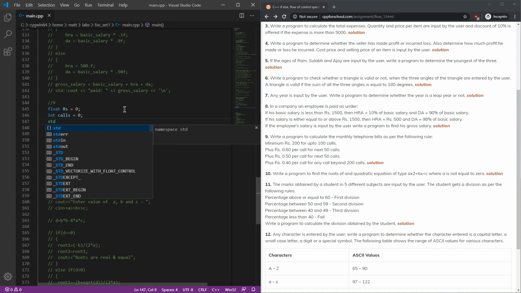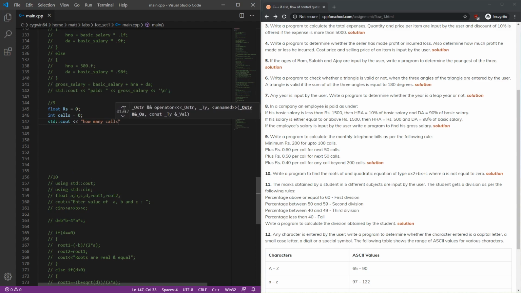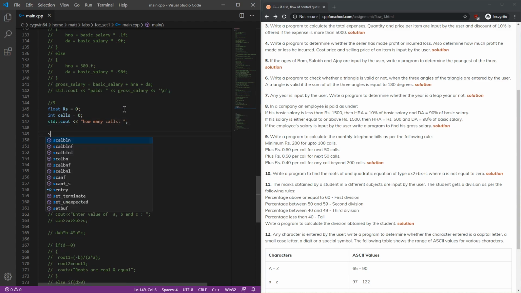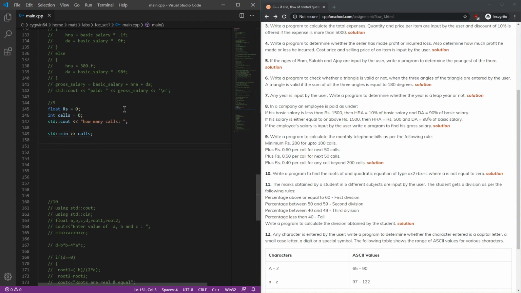We're going to ask the user how many calls, and then we're going to ask for that input, standard cin calls. All right, so that's easy. And then based on how many calls, we want to do some calculations.